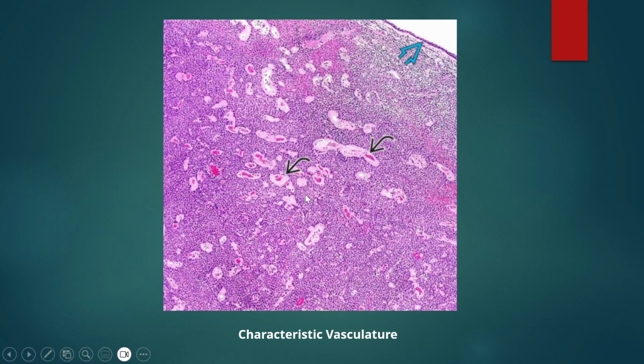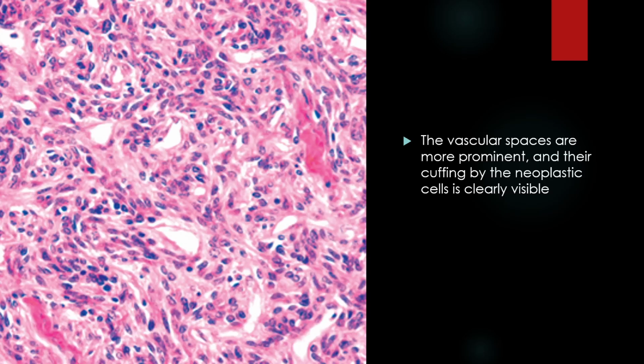And then all of these monotonous cells hugging around the vessel kind of feature may make you confused with glomus tumor. But for the differential, because of the location in the head and neck, nasopharyngeal area, it is really rare to see glomus tumor, but IHC staining can help you do the differential diagnosis.